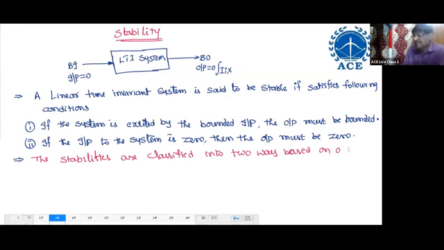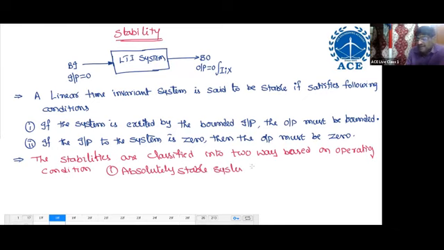First one is the absolutely stable system. Second one is the conditional stable system.